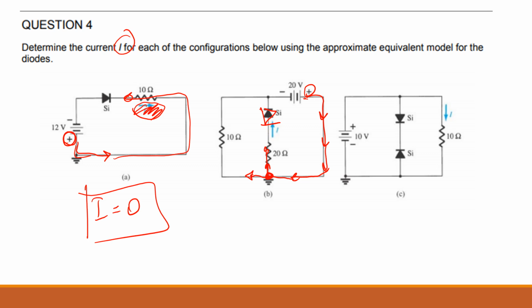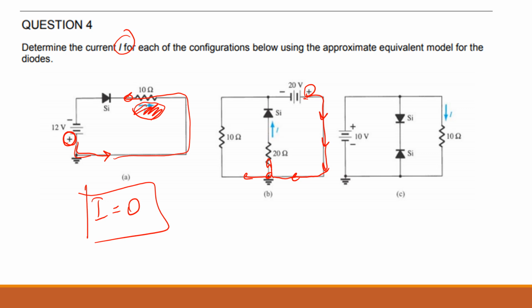The whole current will be going this way, so this is like an open branch. But here, because the diode is in the forward bias, the current is splitting. Understand? Makes sense?